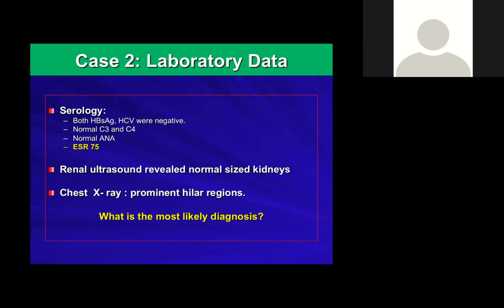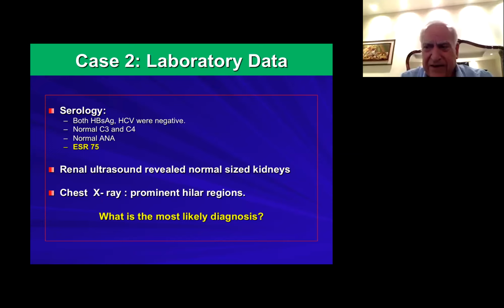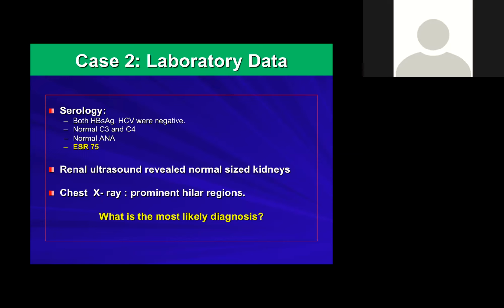Dr. Safa, please go ahead. Ustad Riyad, the finding of mild hypercalcemia with prominent hilar lymph nodes in a middle-aged man with acute kidney injury probably points to the diagnosis of sarcoidosis.